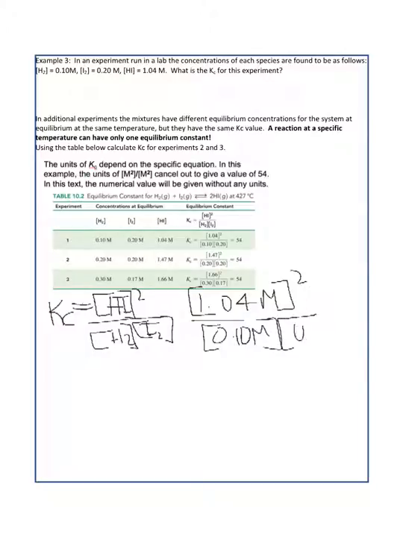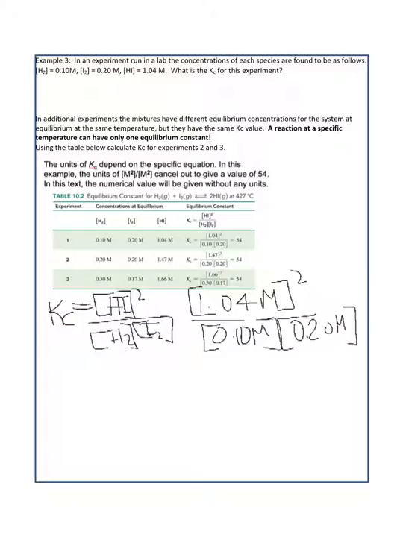We have 1.04 molar squared divided by 0.10 molar times 0.20 molar. Putting this into our calculators, let's see what we get.